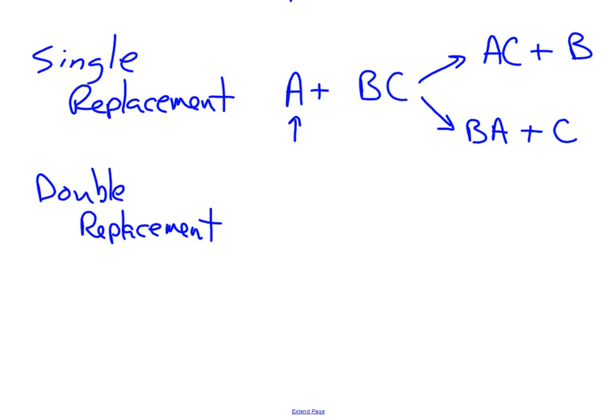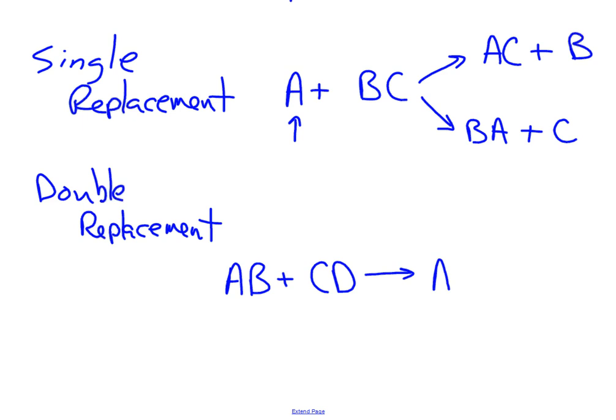Next, we have a double replacement reaction. So in a double replacement reaction, you would have perhaps two ionic substances, AB plus CD. And in this case, both ions switch places.